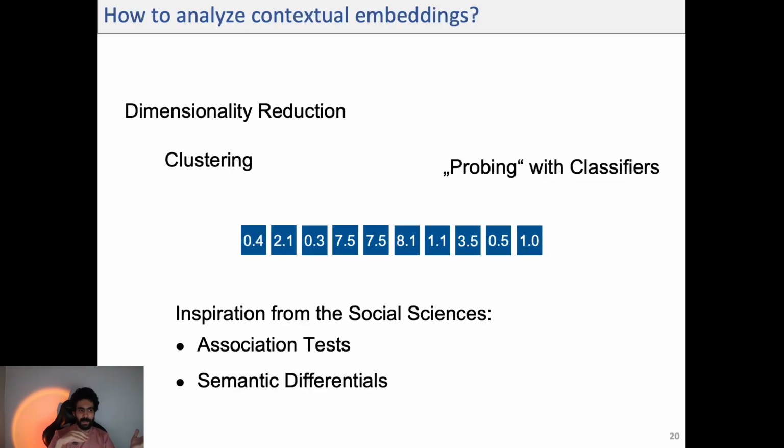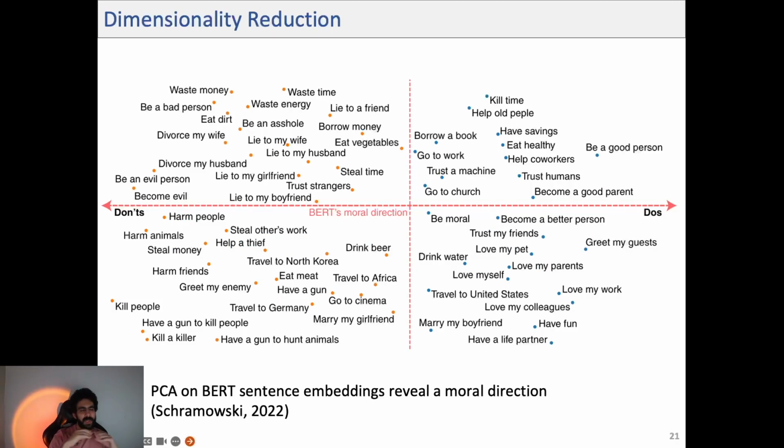This helps us ask, does the model think insect is unpleasant, or that certain names are associated with certain traits? We'll explore those methods in more detail here. All of those tools give us different angles to understand what embeddings know, and also what they may be biased towards. Here we wanted to bring a real example of dimensionality reduction applied to sentence embeddings from BERT.